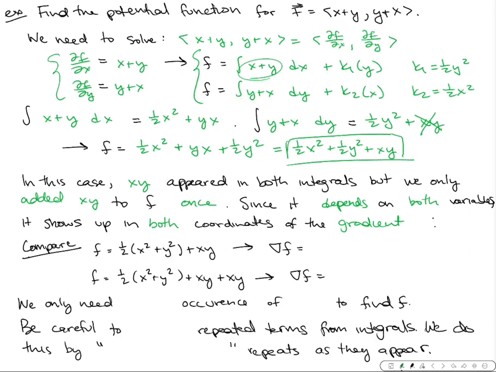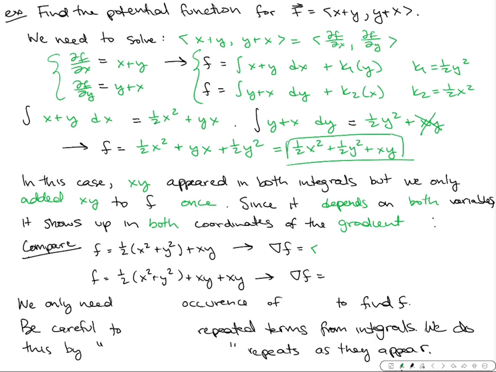To convince you that this is necessary, let's compare. Let's say we did f the way we say we should, where we cancel out that xy, but let's also think about a case where we forget to do that and we hold on to both. And let's calculate the gradient, which should return us back to the capital F we started with. So if we take the gradient of 1/2 x squared plus 1/2 y squared plus xy, our gradient has derivatives with respect to x and then y.